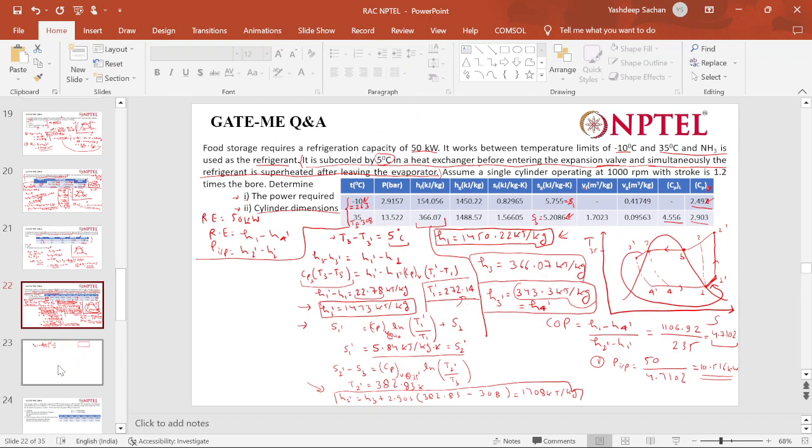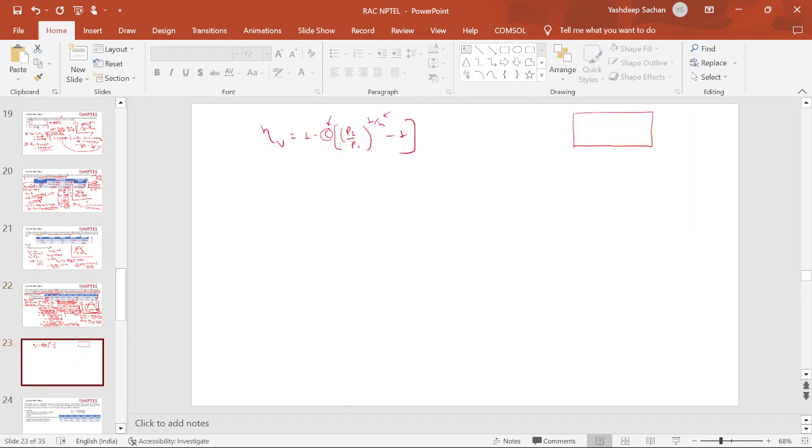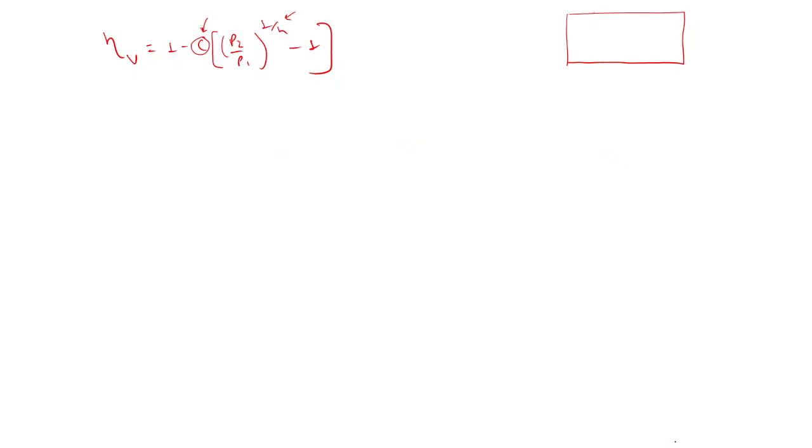So here nothing about this clearance ratio is given. So if nothing is given, then theoretically we are solving.